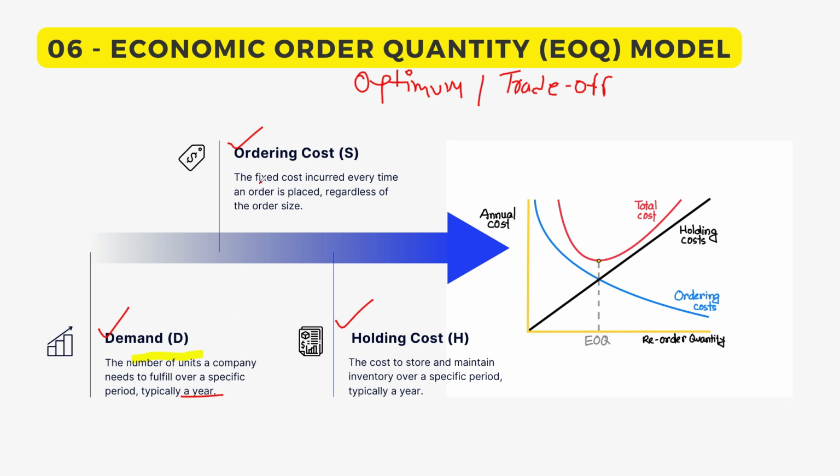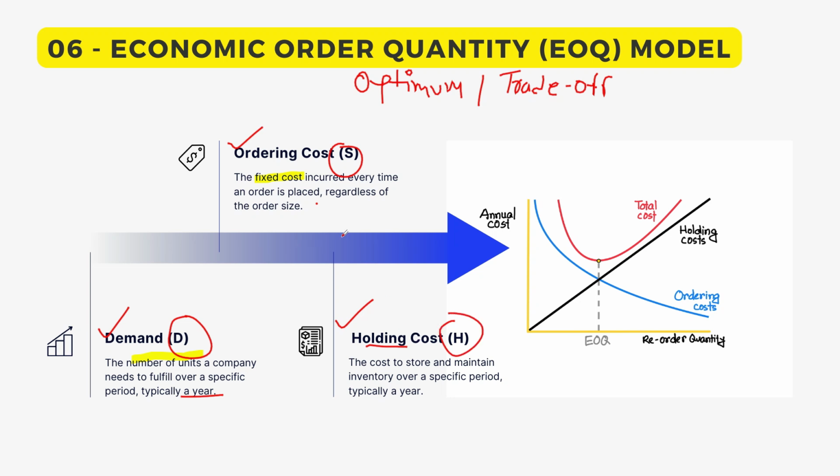Ordering cost is the fixed cost incurred every time an order is placed, regardless of the order size. This could include costs such as processing, shipping, and handling. And last but not the least, holding cost. Demand is denoted by D, ordering cost by S, and holding cost by H.